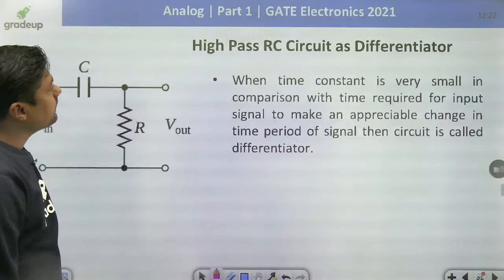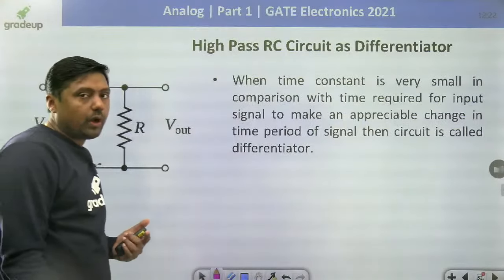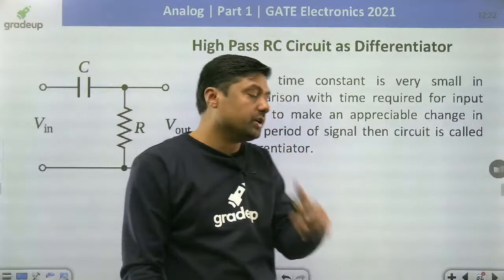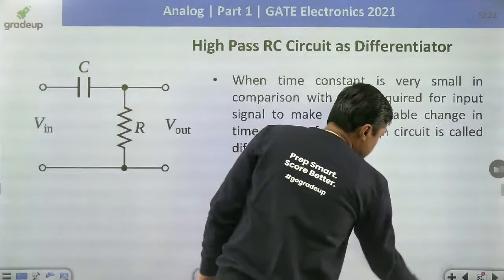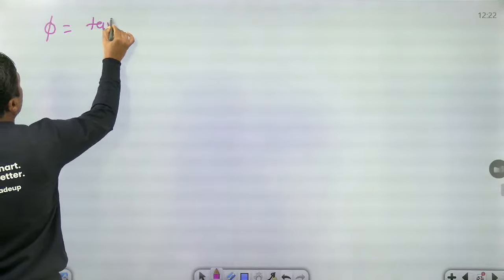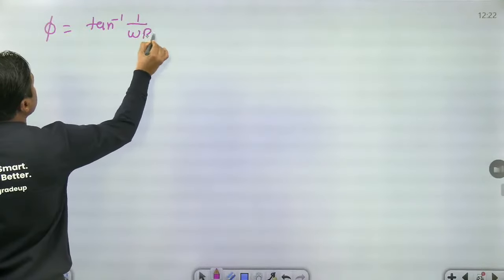Third thing, as a differentiator, when a high pass RC circuit will act as a differentiator, always remember two conditions in case of a high pass RC circuit. The phase shift is given by tan inverse of 1 by omega RC.